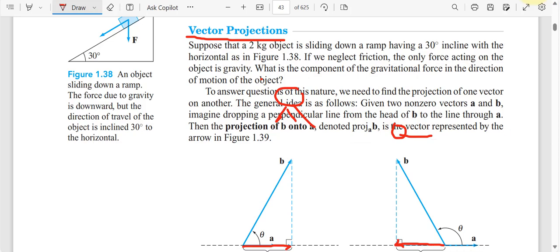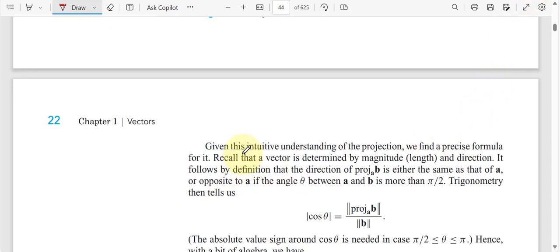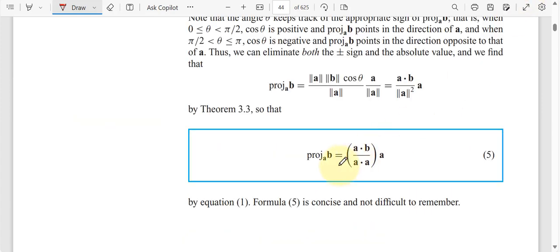Okay, so we have this idea of what we mean by projection, but we want to get a formula for it. We want a formula for the projection of B onto A. And the final answer is going to be down here. So this is the formula that we arrive at for the projection of B onto A.